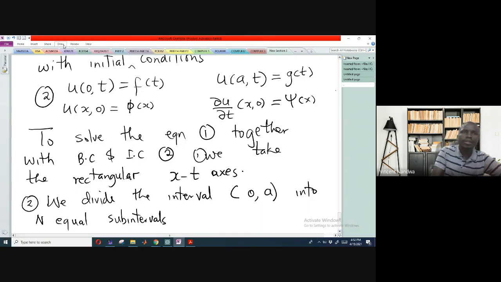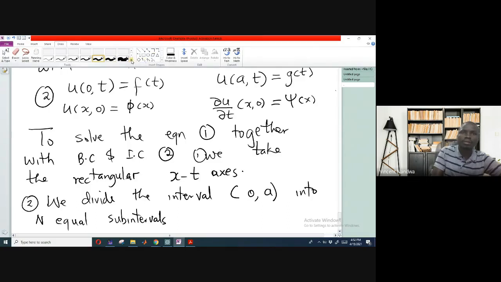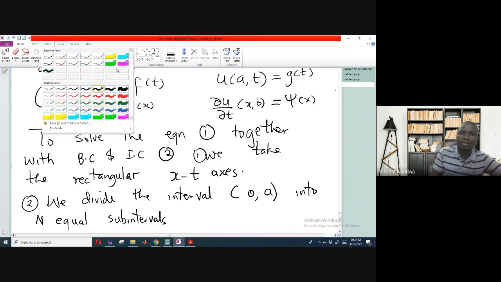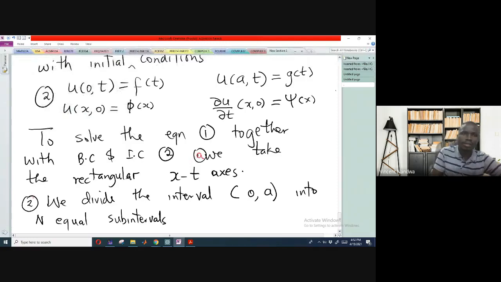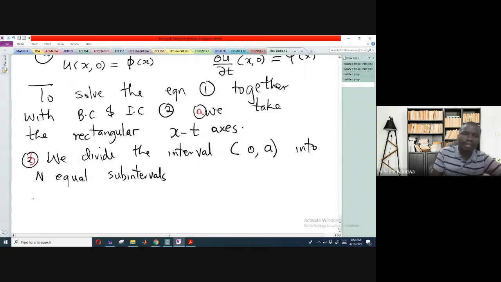So let's give these ones a, b, c, so that you don't confuse with the labeling of the equations. So let's call this one step a, this one step b, and c.